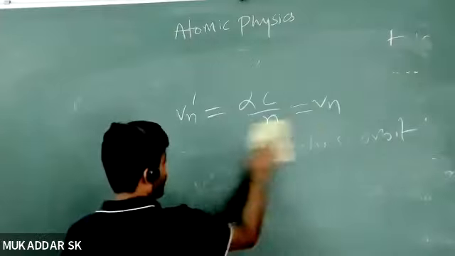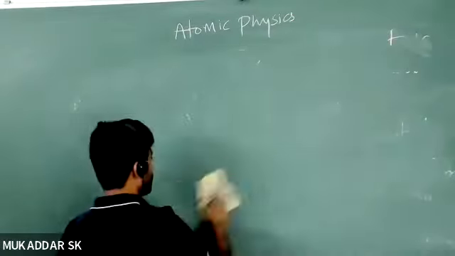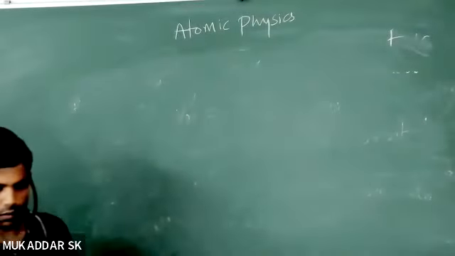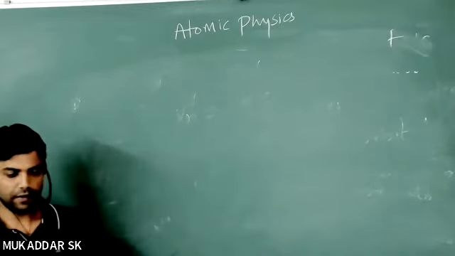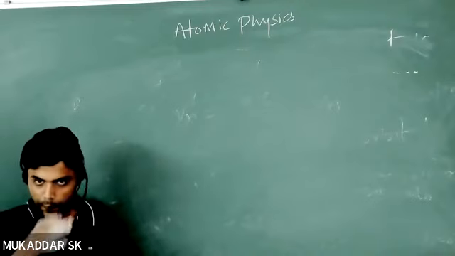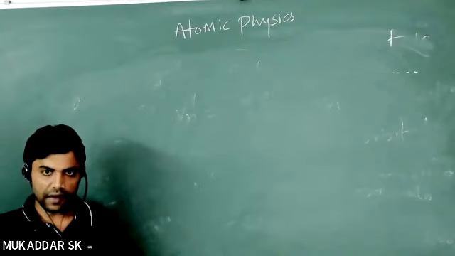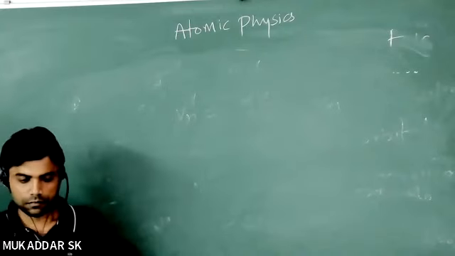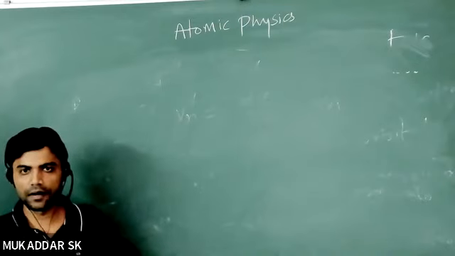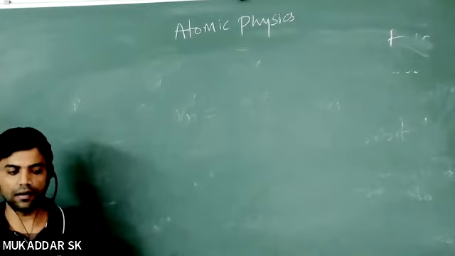Now one more problem I'll do. Please write that question. If V is the speed of the electron in the second Bohr orbit of helium ion, He plus ion.